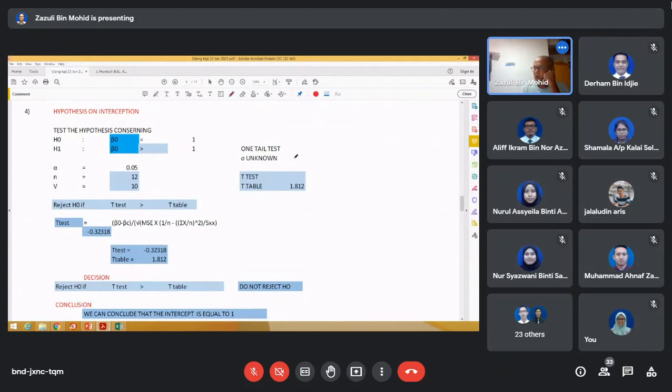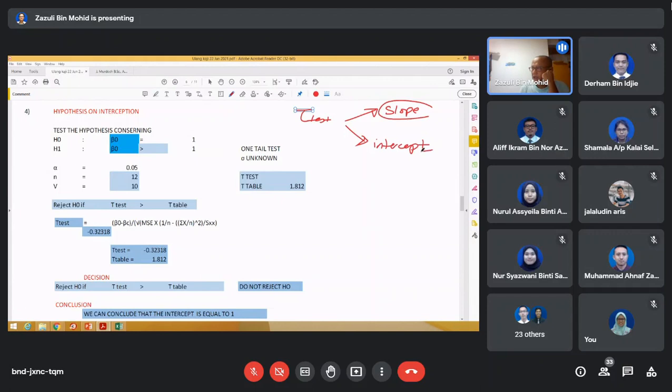A precaution here: you have to bear in mind that for the t-test you have two different equations, one for the slope and one for the intercept.